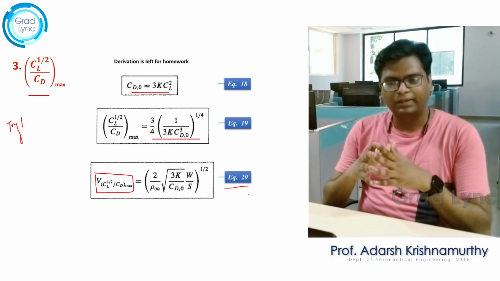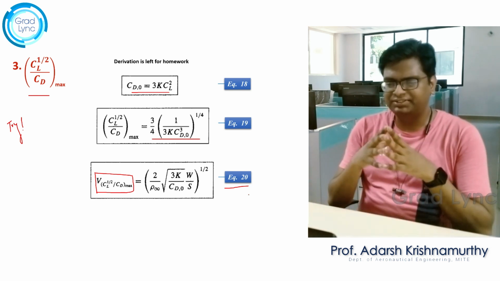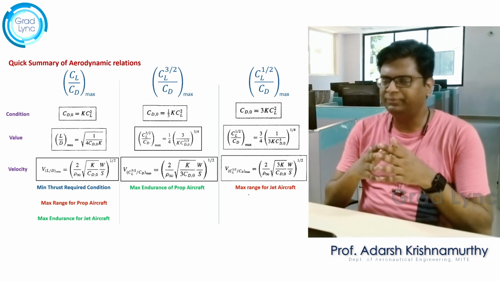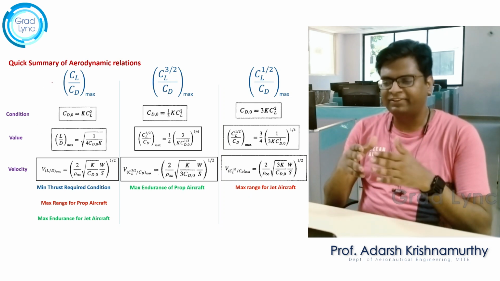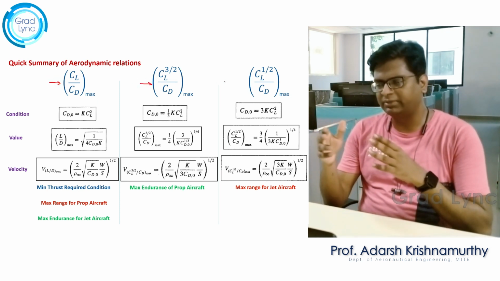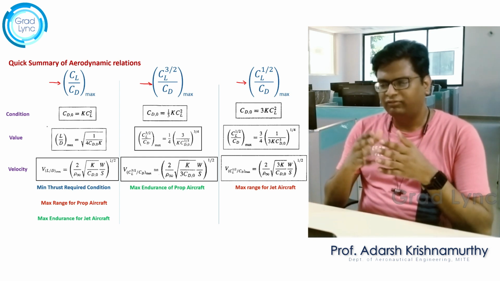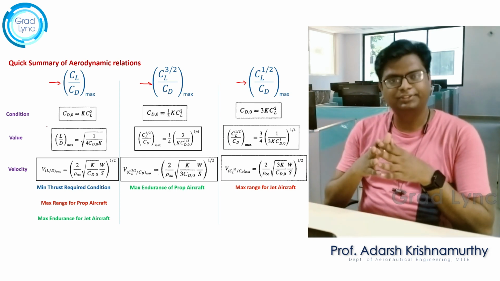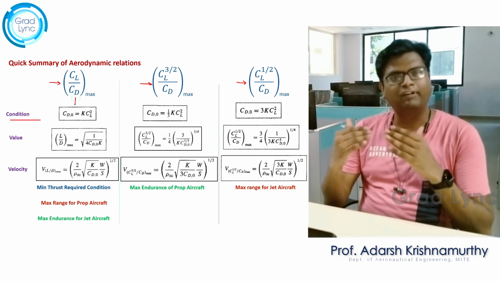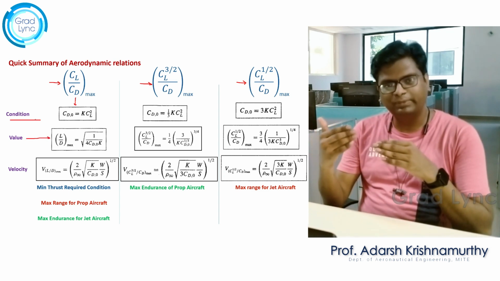Clear? Understood? Right. So this is a comparison of all the 3 conditions: CL by CD max, CL power 3 by 2 by CD max and CL power 1 by 2 by CD max. What are the conditions in the respective cases? Then we have the values: L by D max, and the value of CL power 3 by 2 by CD max.